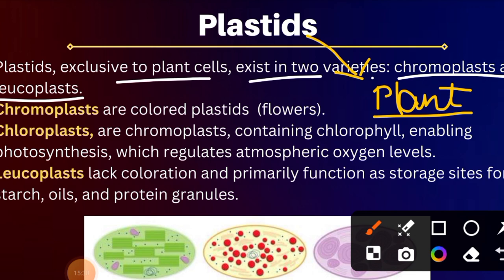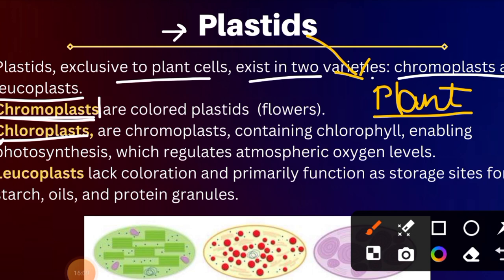So see, plastids are found only in plant cells, because there are two types of plastid. One is chromoplast and one is leucoplast. Chromoplast means the colorful things. Chloroplast contains green color, and plants need green color to produce food.